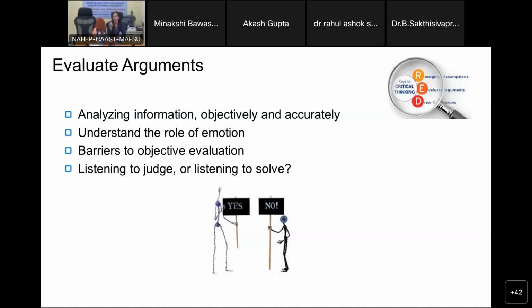Understand the role of emotion. Every scenario has emotion. Right? Like here also, when we were talking about students going to the UN and putting their thought process to the UN Commission for a racial problem, there is an emotion, some kind of indifference they are feeling, some kind of help they are looking for.